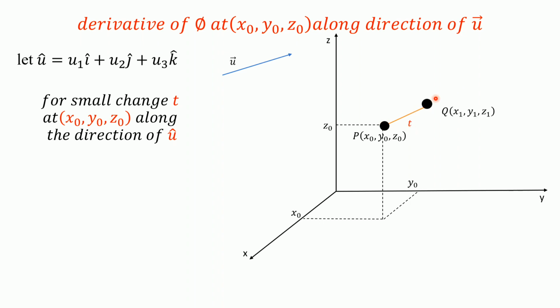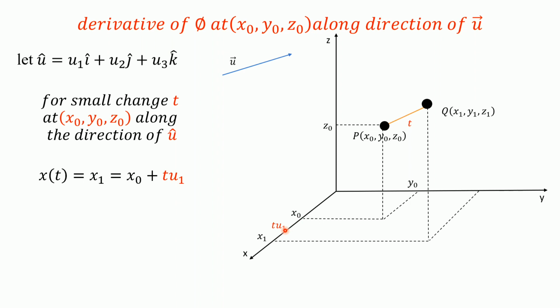So we'll get a new point Q, x1, y1, z1, whose x coordinate is now x1. Now see here, x1 is x naught plus t times u1. u1 is its x component. So when we change by t along the direction u, the x coordinate gets changed by t times u1.